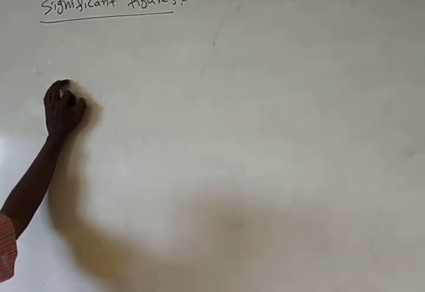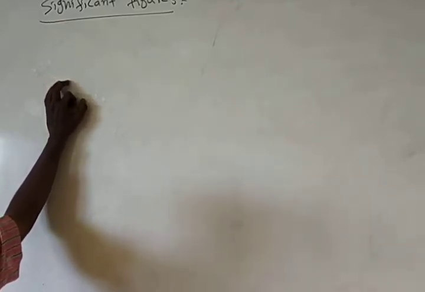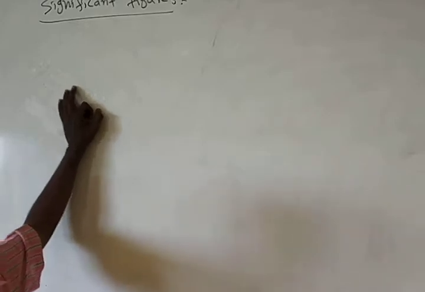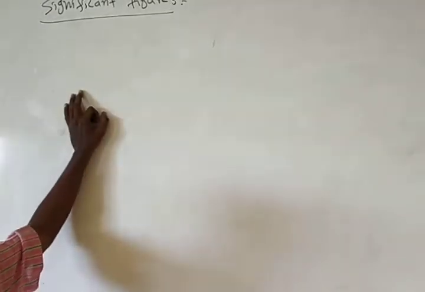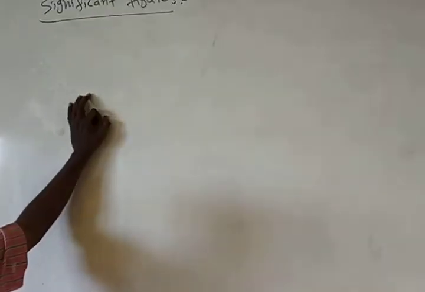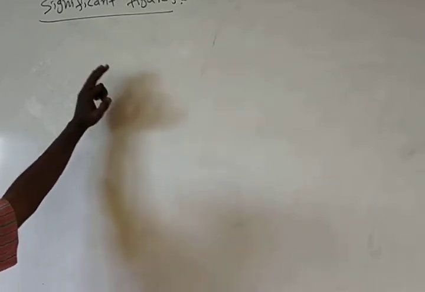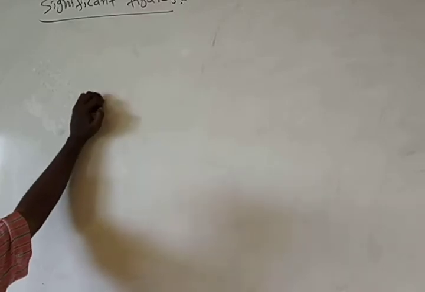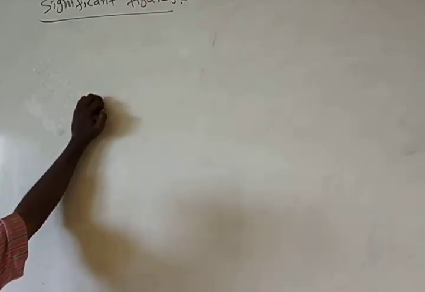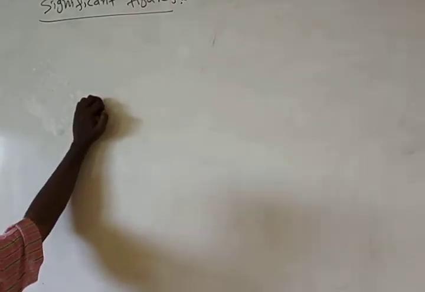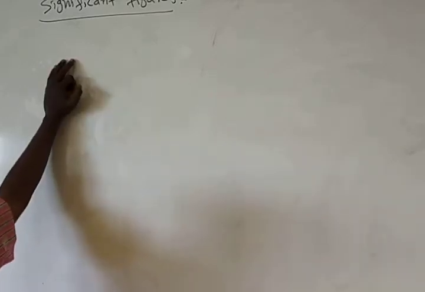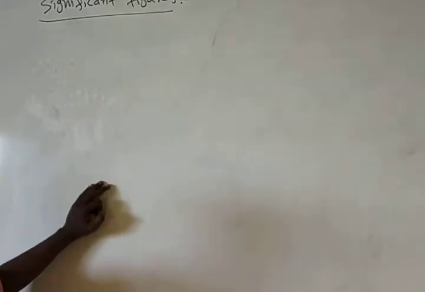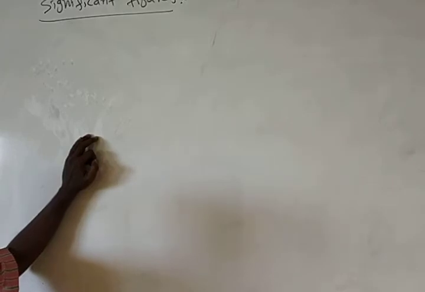Significant number. The definition of significant number is the exact number with a certain value. The exact number with a certain value will be called a significant number, or the identifying number. The identifying numbers present in a digit number we call significant figures, with a certain value.